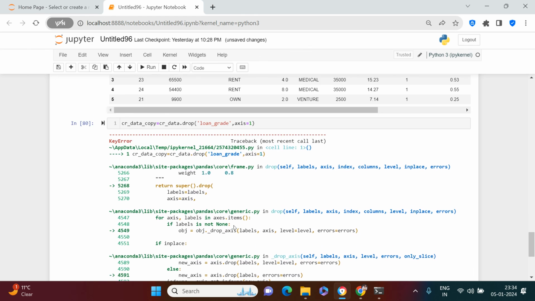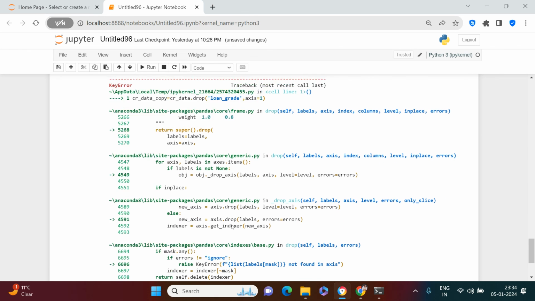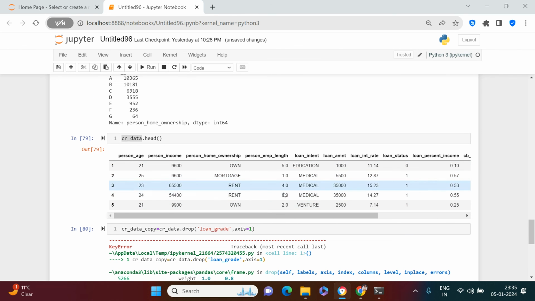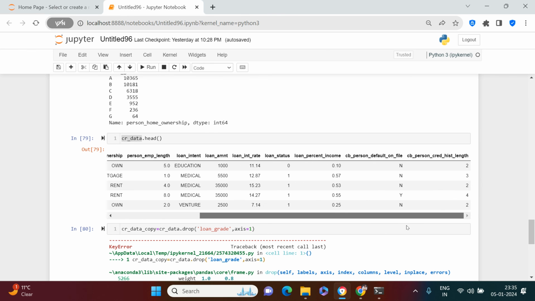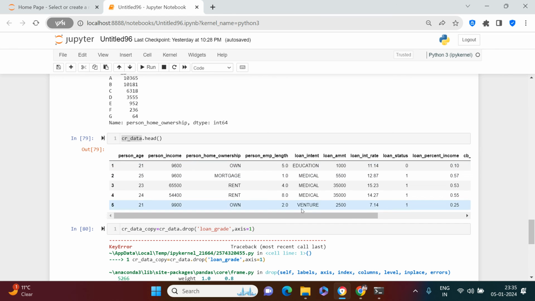What happens? Why is it saying loan grade not found in the axis? Loan grade, where is that grade thing? I had it here. Now I don't see that.